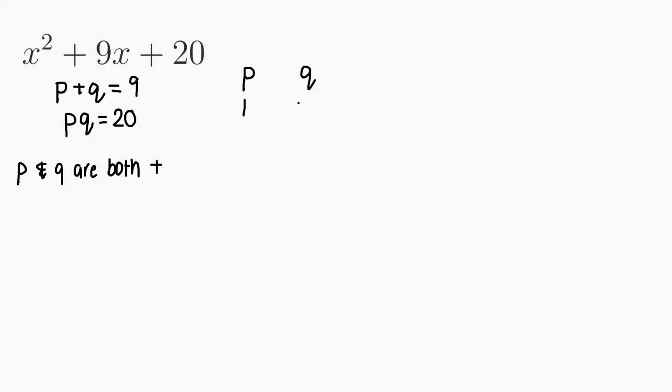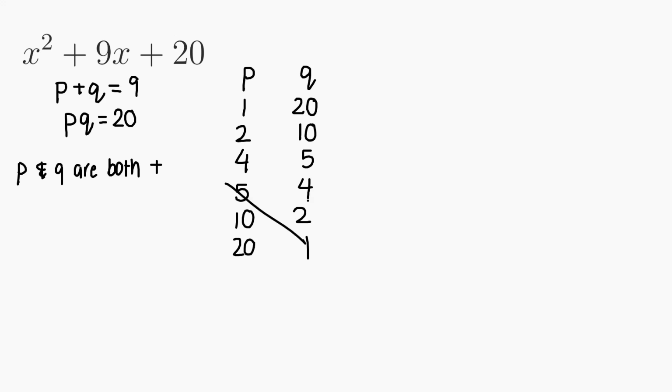So, 1 and 20, 2 and 10, 4 and 5, 5 and 4, 10 and 2, and 20 and 1. As you can see, around this halfway point, we're repeating factors, just switching the p and q, but those are replaceable anyways. We actually only have to check these top ones.